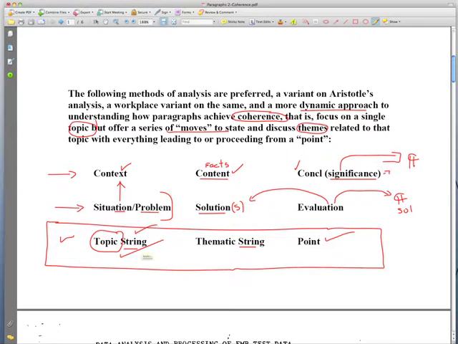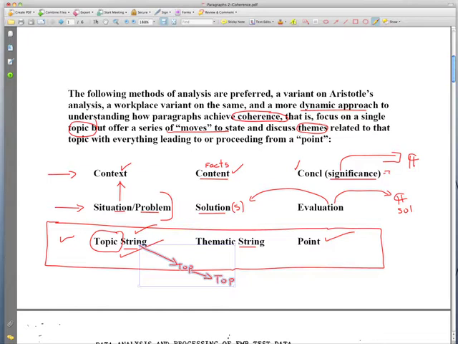And then throughout the paragraph you'll see words and phrases that recall to the reader the topic. In other words, we don't state a topic at the beginning and then never state it again. There are actually specific words and specific phrases in a chain that you can find in the paragraph that create a topic string, and that's what keeps the reader on target.